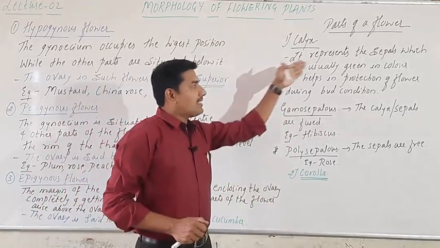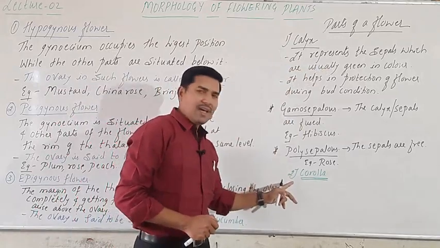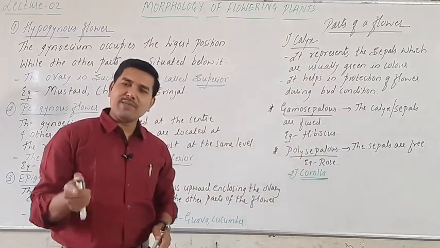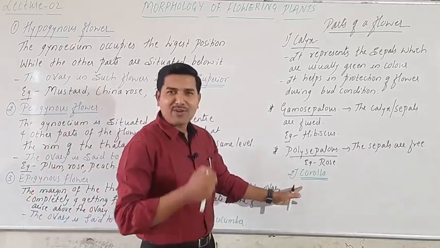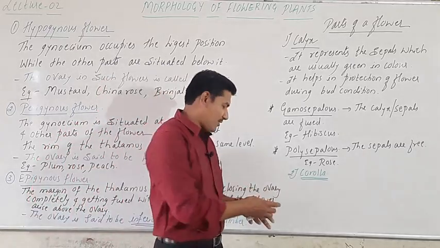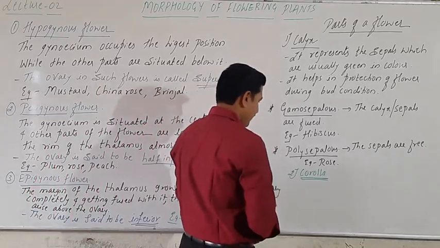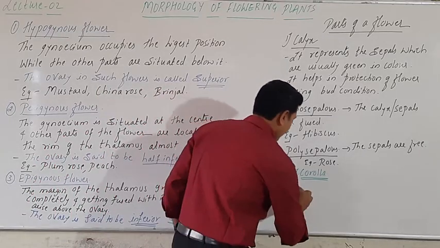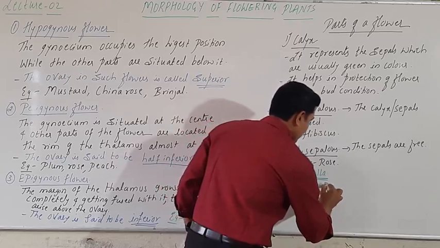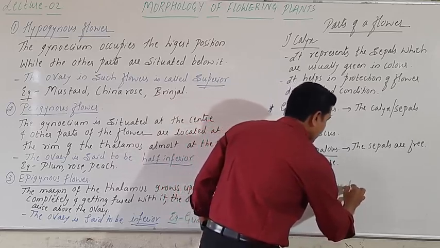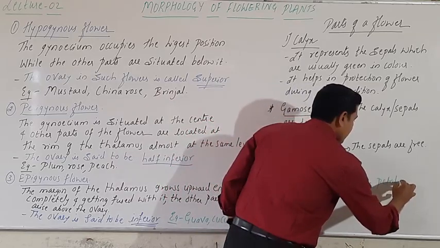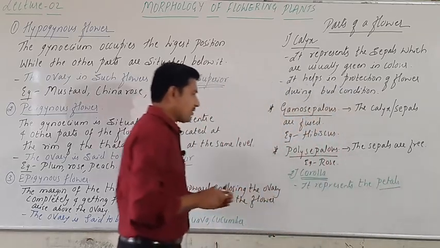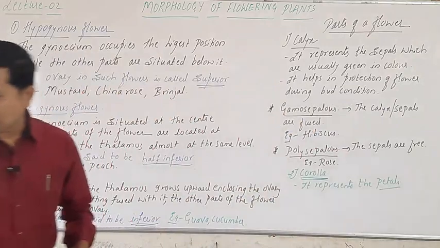Now here calyx represents sepals, corolla represents the petals. Now the members of the corolla are called as a what? Petals. So it represents the petals, or the members are called as the petals.